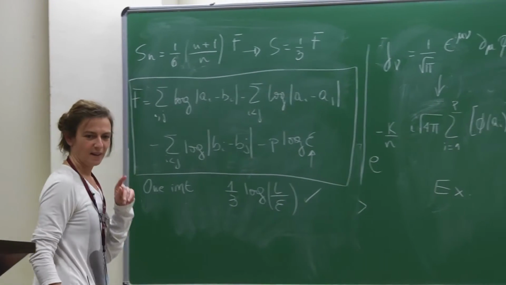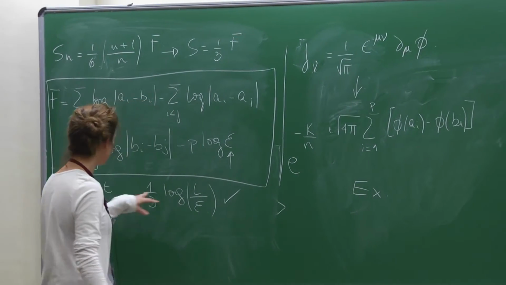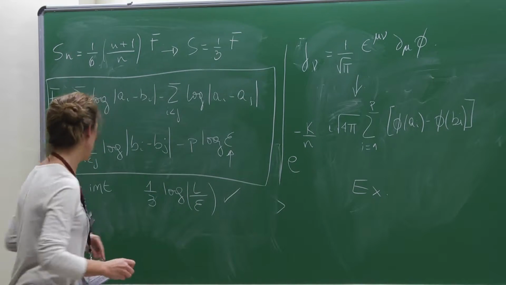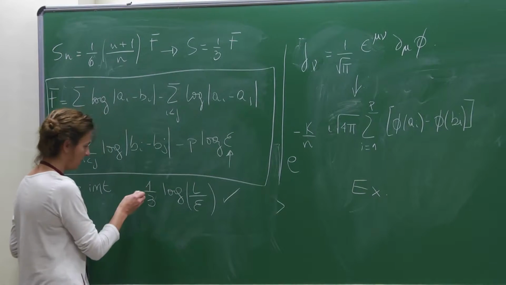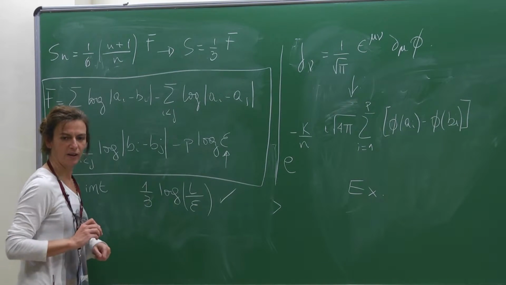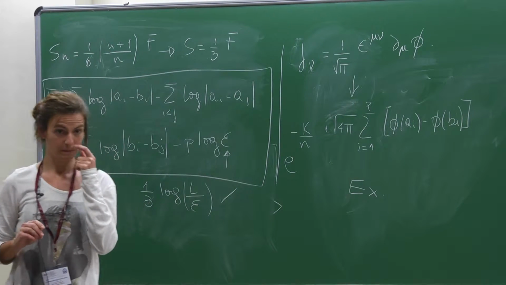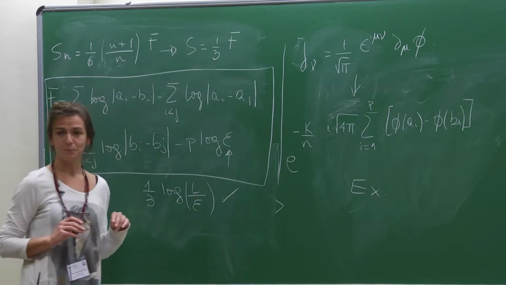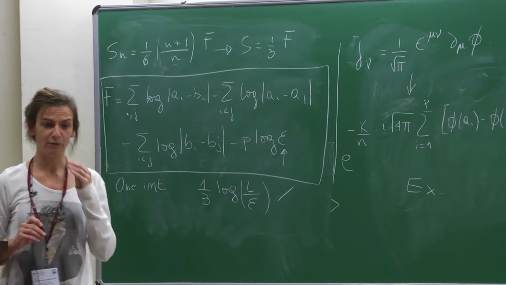What is interesting here is that for one interval, you can say that for any conformal field theory, this is the answer, putting a C here, the Virasoro central charge. So you can generalize this result for any conformal field theory.